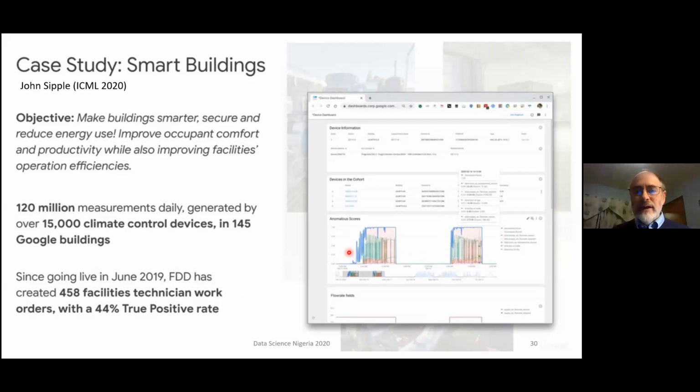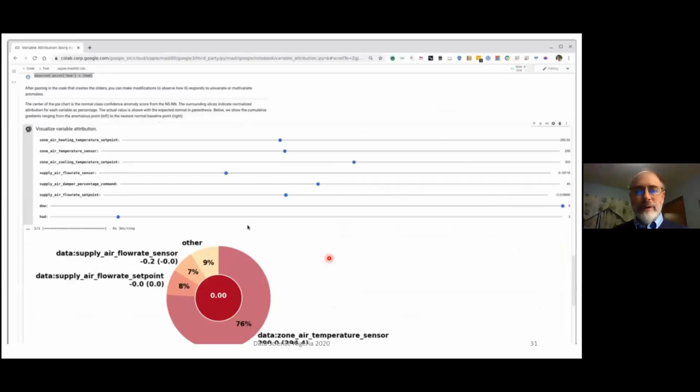So he has implemented this dashboard, and again, you can't see it very well, but these are the anomaly scores that are being computed by his anomaly detector, and he uses this noise contrastive technique. And when he gets a high anomaly score, he generates an explanation.